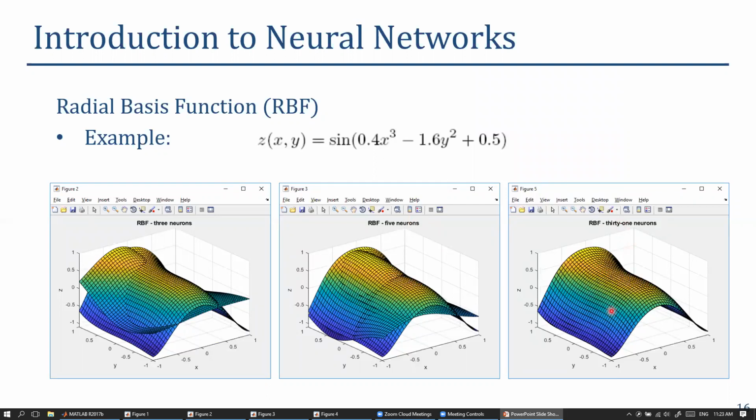So we can see that as we extend the number of neurons, the resolution gets better, and the ability to approximate the surface gets better. Now the question is, up to what level? If we extend the number of neurons, will we always get a better surface or function approximation?